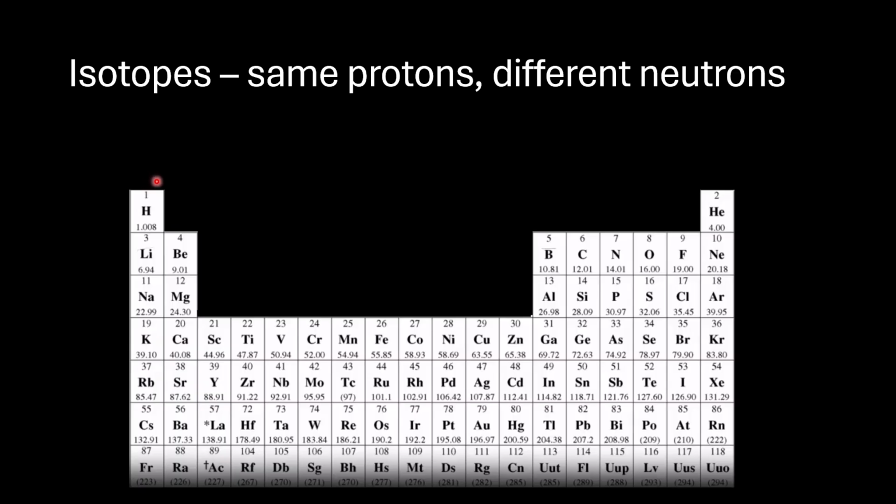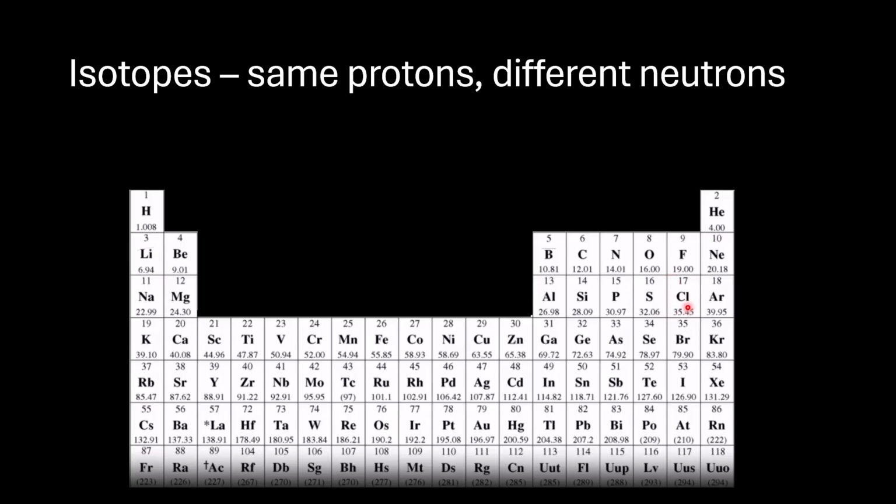Any atom with exactly one proton is going to be defined as hydrogen. If you see the 1 right here, that's the atomic number, the number of protons. Let's say that we have 6 protons. Any atom with 6 protons gives us the atom carbon. 17 protons gives us chlorine.